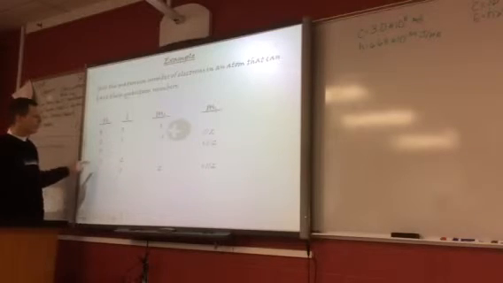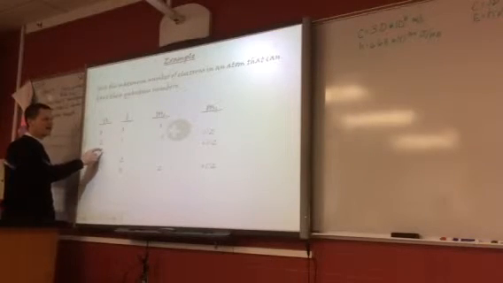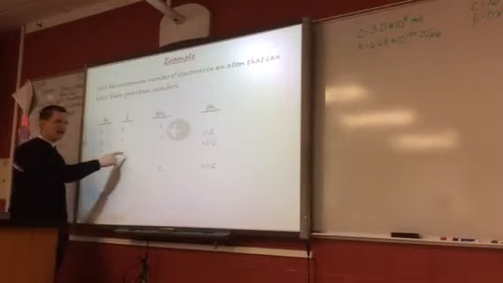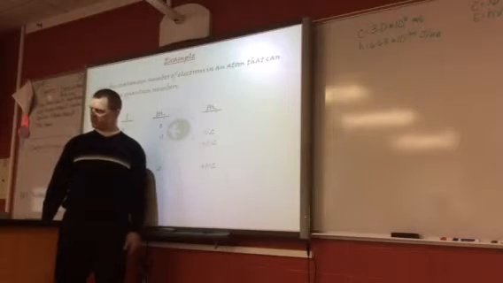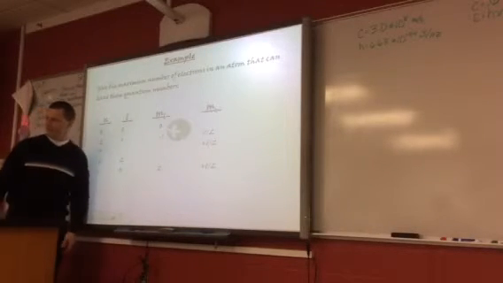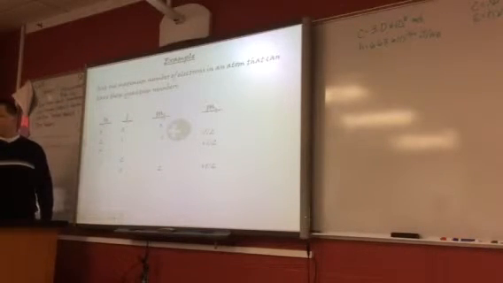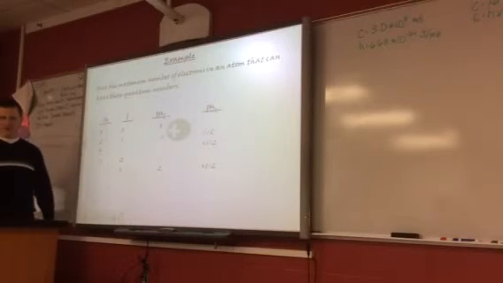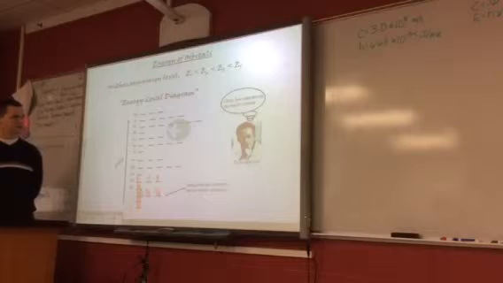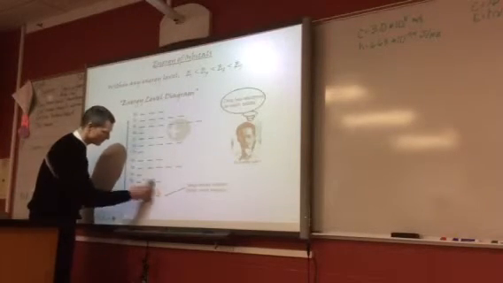Okay. Now the third line, it says how many electrons with an n value of 3 and a +1/2 spin exist? N value of 3, +1/2 spin. I'm going to take you back here. In fact, I'm going to erase.